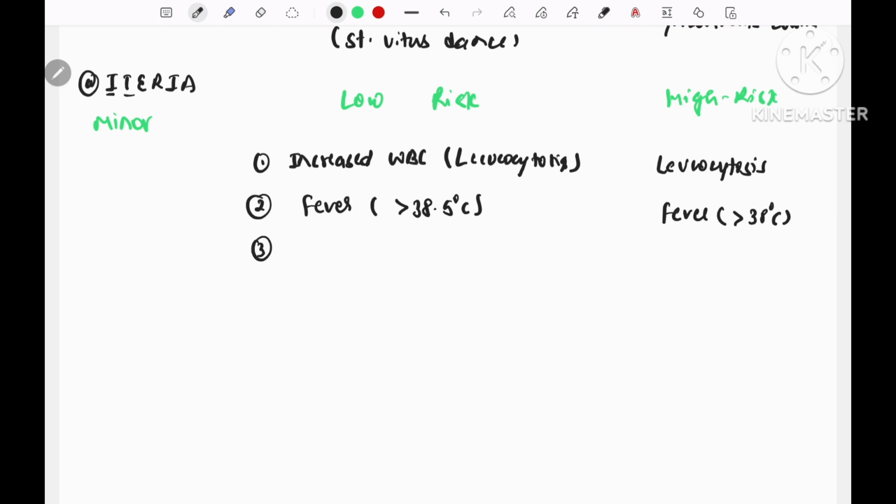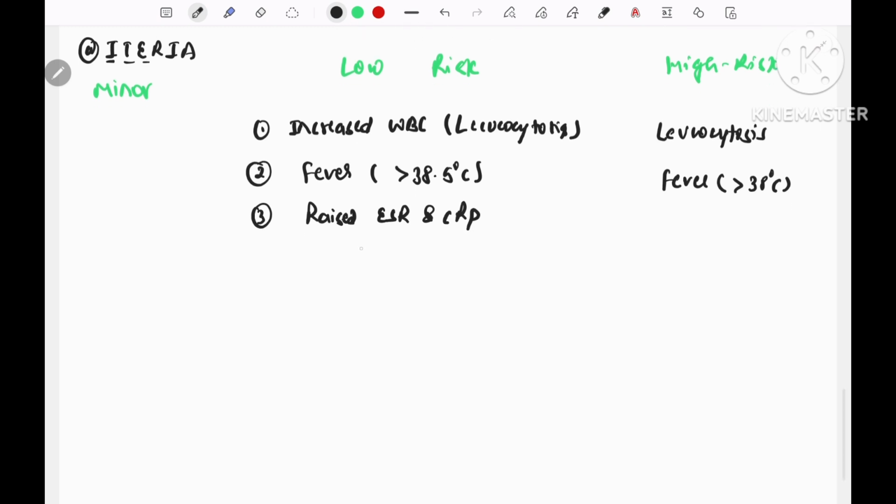Now the third, E, means ESR or CRP. So raised ESR and CRP, the values are different. In case of ESR in low risk, it must be more than 60 mm per hour, and CRP more than 3 mg per dl.